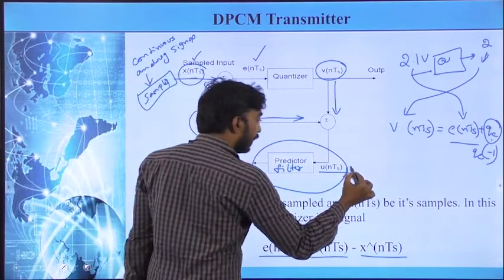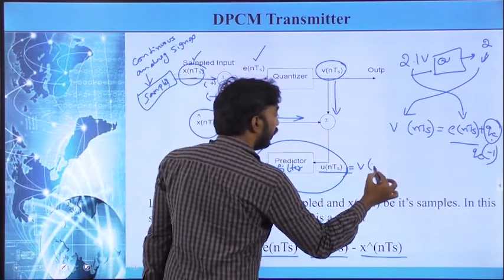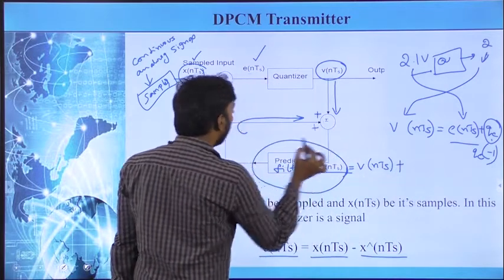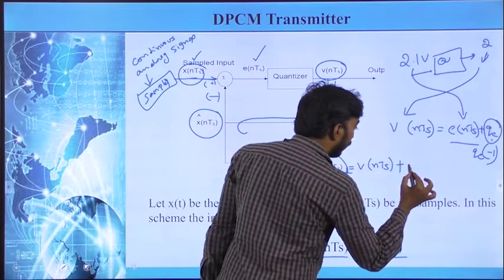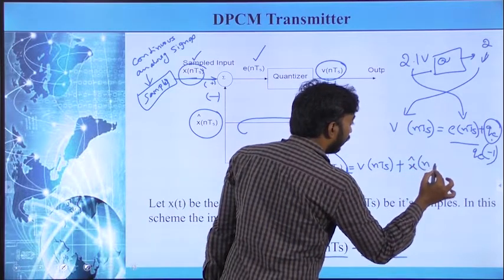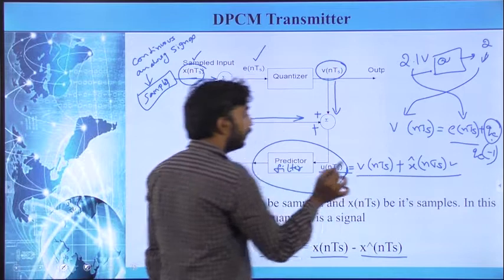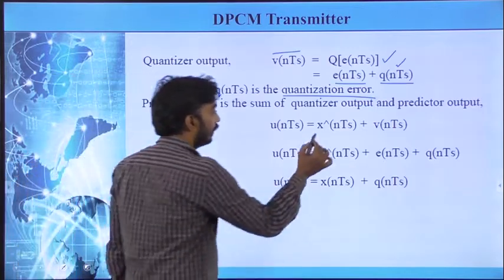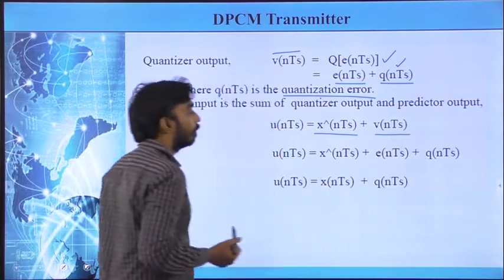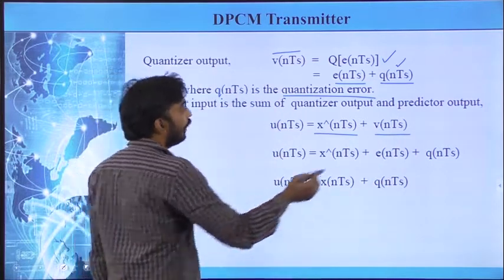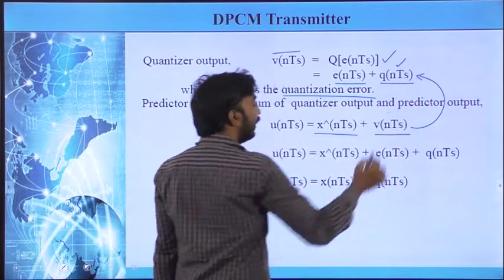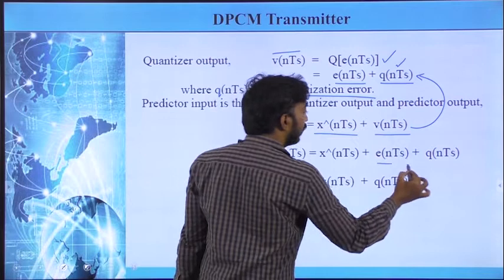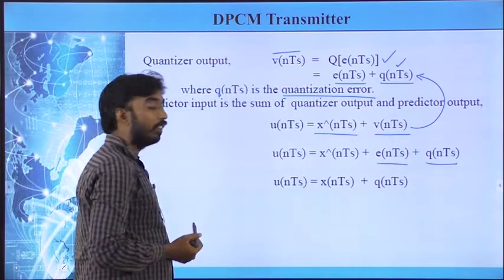That means U of nTs is equal to V of nTs plus the output of the prediction filter X cap of nTs, right? This is the function I have to represent, right? X cap of nTs plus V of nTs. Then what is V of nTs? V of nTs is nothing but the output of the quantizer. Output of the quantizer is nothing but E of nTs plus Q of nTs, right?